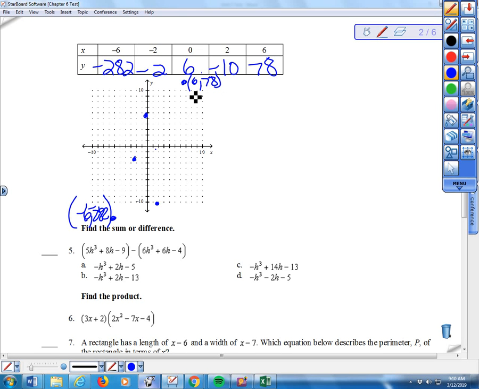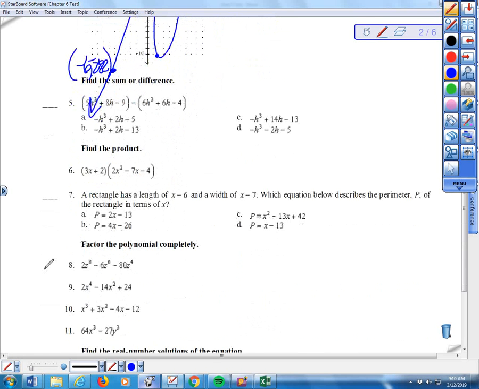Okay, I know the end behavior because it's a cube. This is going to shoot down, and this is going to go up. So it's got to be, I don't know, something. I mean, it's a sketch. All right, number 5, this is a subtraction problem.